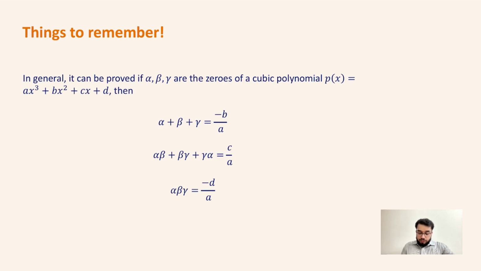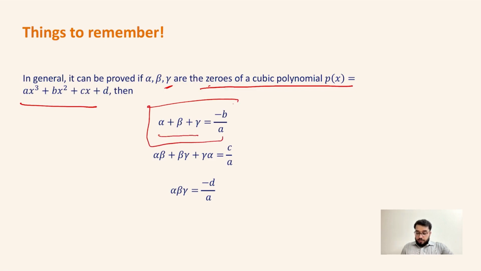This was an example, so let's generalize this. In general, it can be proved that if alpha, beta, gamma are zeros of a cubic polynomial ax cubed plus bx squared plus cx plus d, then alpha plus beta plus gamma would be minus b upon a. What is b? Coefficient of x squared. And a is the coefficient of the degree of the polynomial.